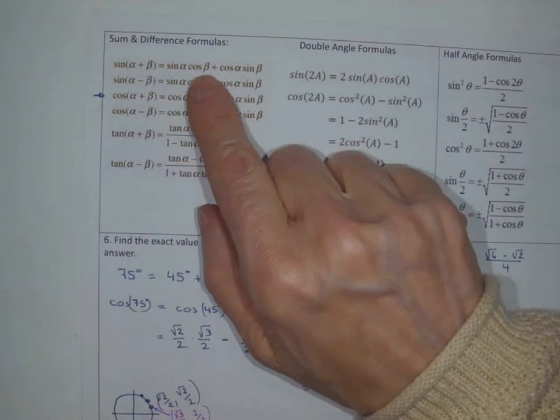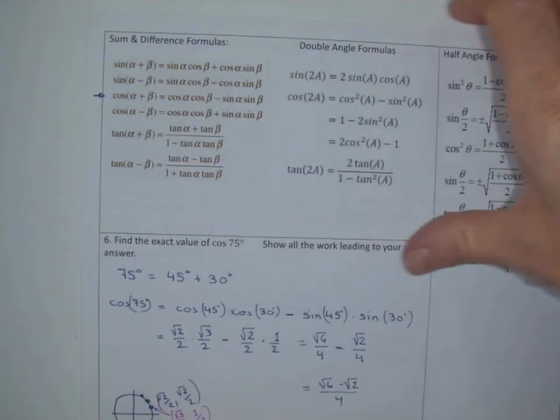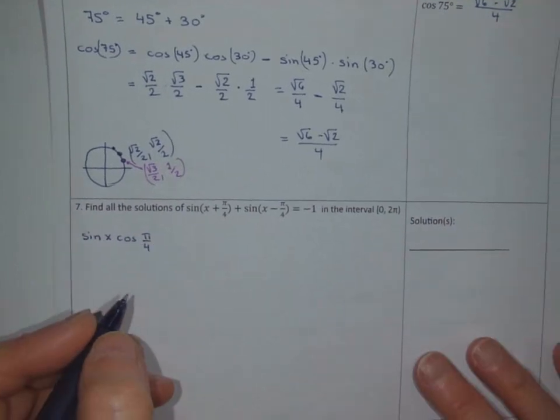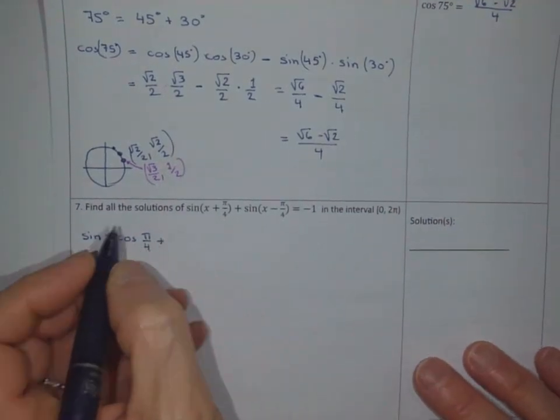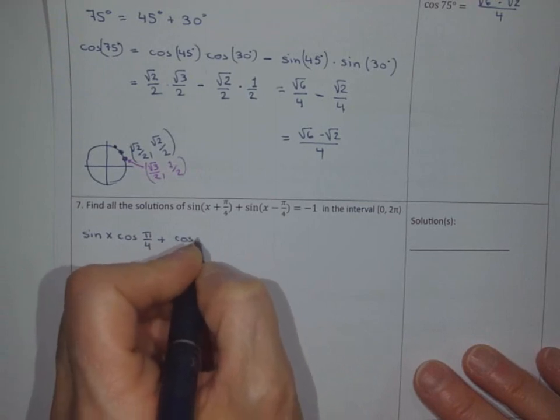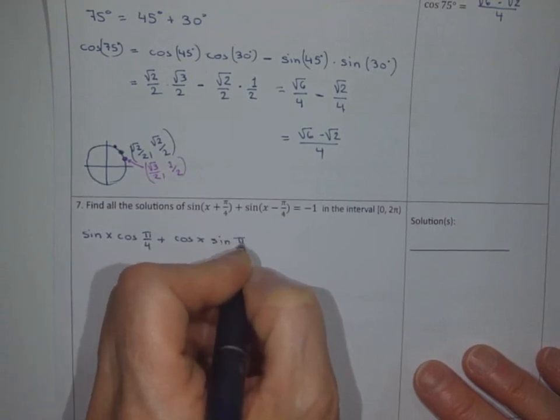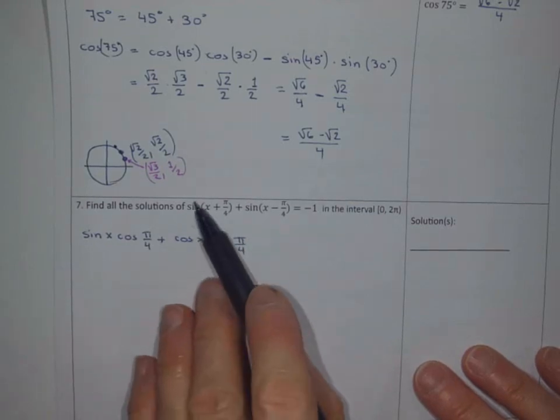And then if it's a sum, we're going to keep the addition, as opposed to the cosine where we switch those. So it will be a plus cosine of the first angle, x, times the sine of the second angle, pi over 4. So that's just for that portion.